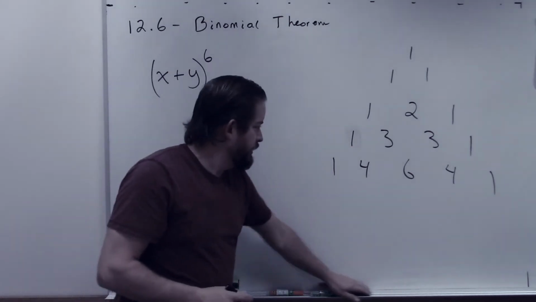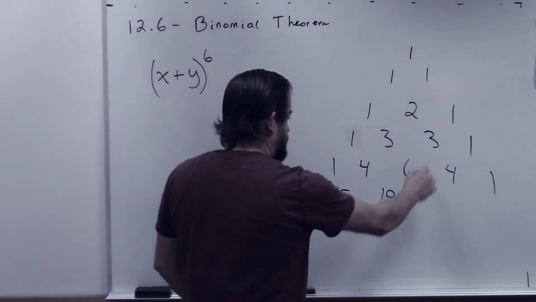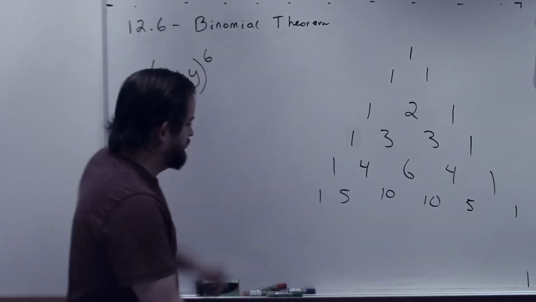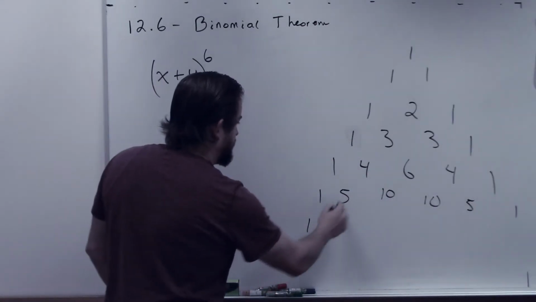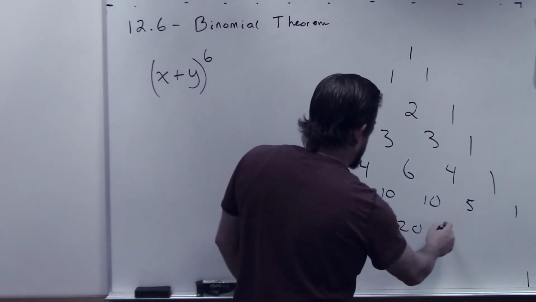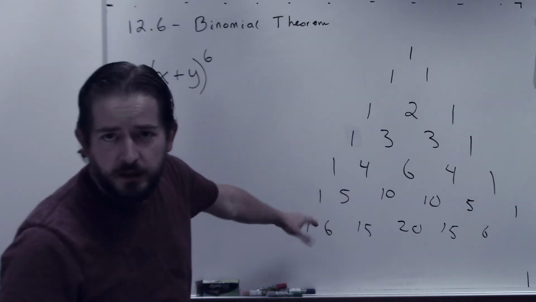No, I've got enough room. 1, 5, 10. 6 and 4 is 10 again. 4 and 1 is 5, and then the 1. And then 1, 6, 15, 20, 15 again, 6, and then 1. Hopefully you can see that. It looks like you can.